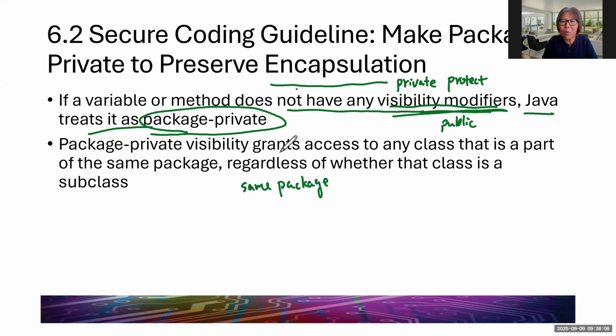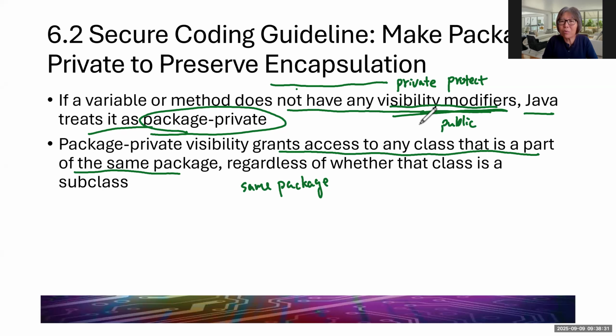It grants access to any class that is part of the same package. It doesn't have the superclass or subclass restriction. It just cares whether they are in the same package. If they are in the same package, then they are allowed to access.